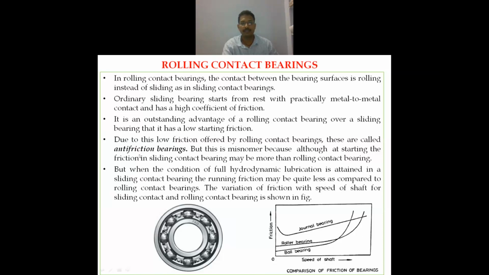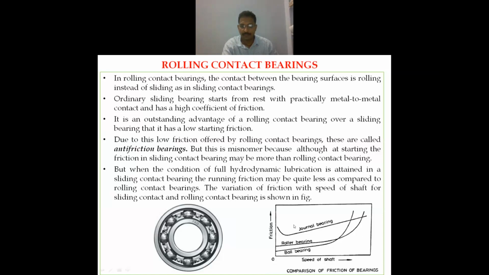But this is a misnomer because although at the starting the friction in sliding contact bearing may be more than the rolling contact bearing, when the condition of full hydrodynamic lubrication is attained in sliding contact bearing, the running friction may be quite less as compared to rolling contact bearing.